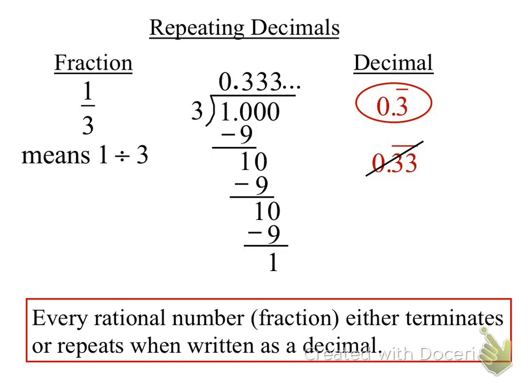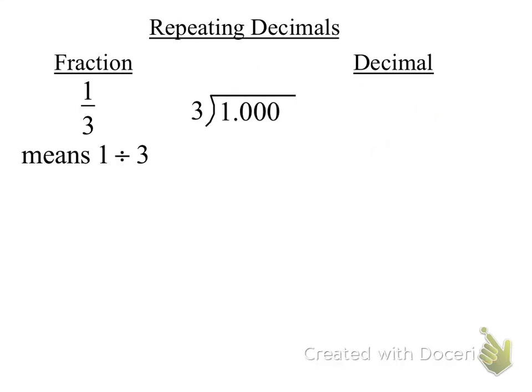Okay, repeating decimals. If it is a fraction, I divide the numerator by the denominator, and I start to see a number pattern. We put what's called, does anybody know what that line is called?